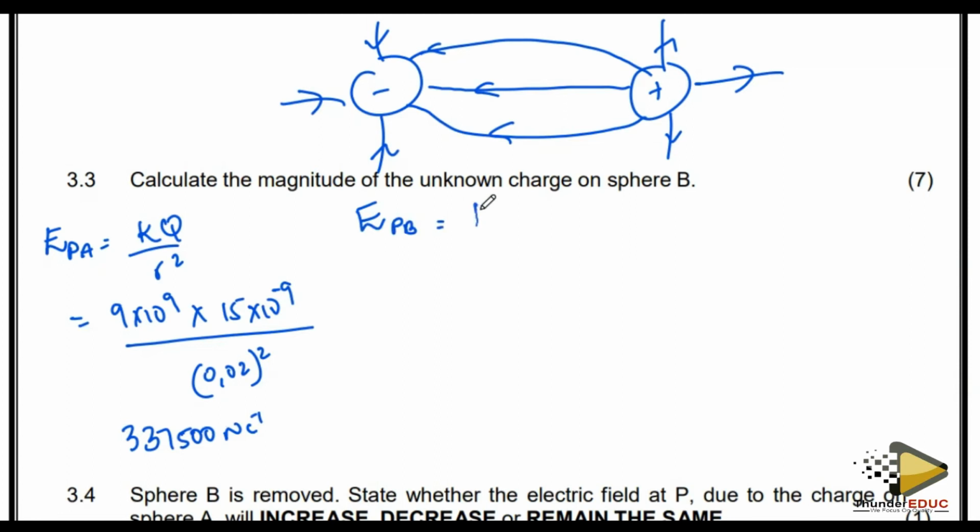Then I'm having the E of B to be kQ over r squared. That's 9 times 10 to the 9, that is the QB over 0.08 squared. Simplify that.